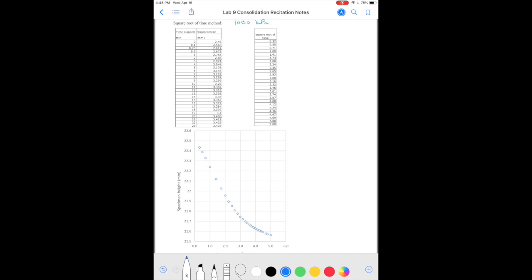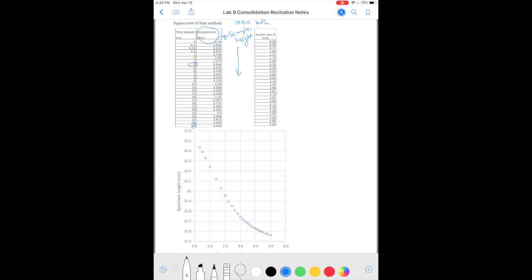And in this particular case, the program went on to the next loading increment of 2000 kPa after 25 minutes. Okay. So you use the displacement and find sample height. So you will have that column here, and then square root of time.